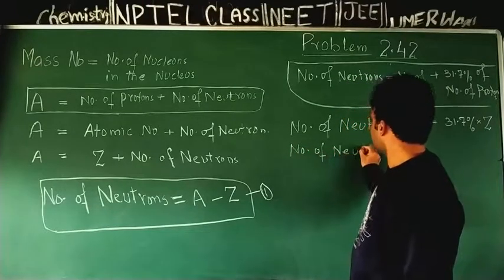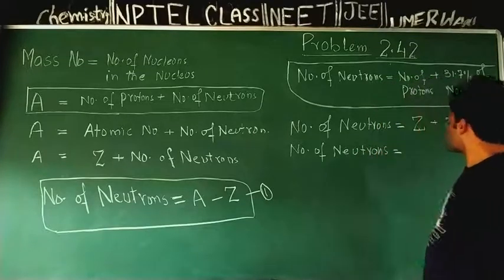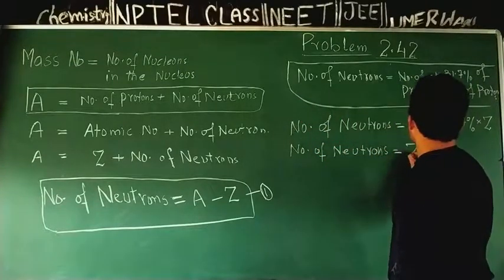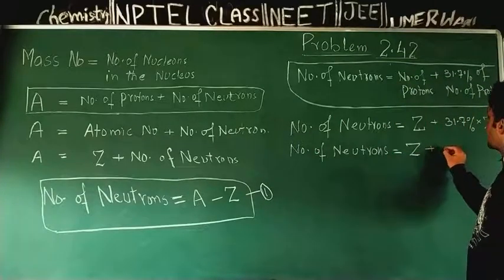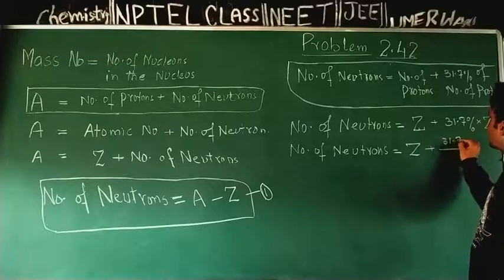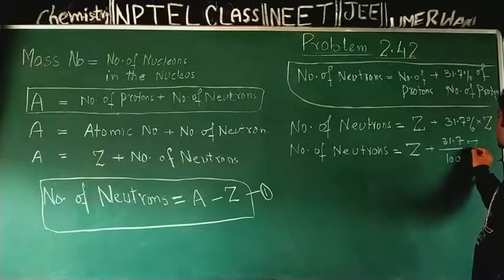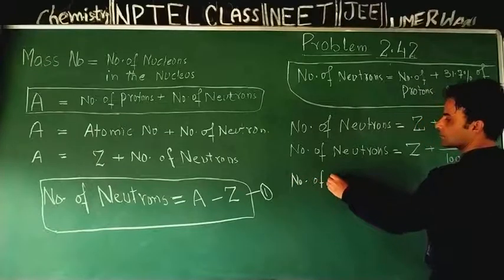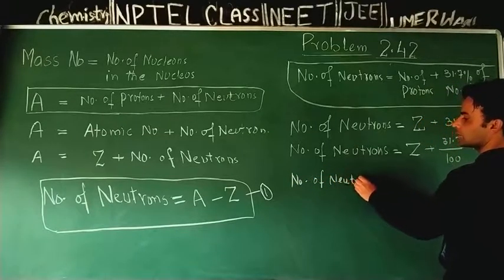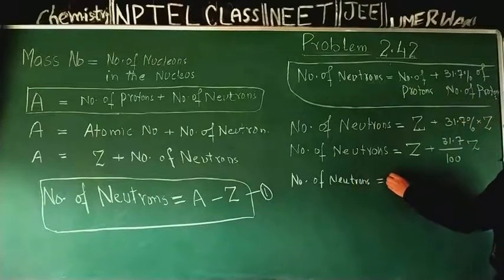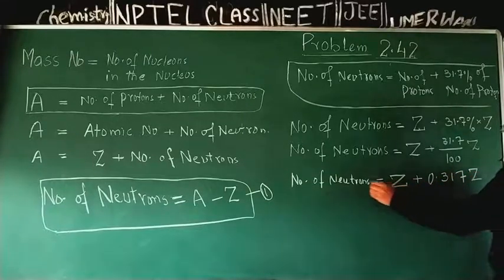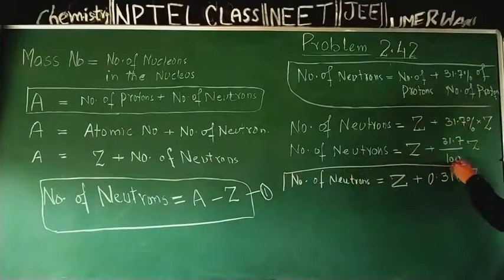Number of neutrons is equal to Z plus 31.7 divided by 100 of Z, and number of neutrons will come equal to Z plus 0.317 times Z. This equation I will label as equation second.